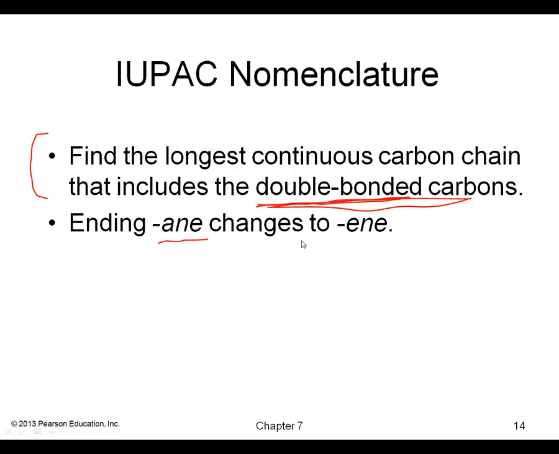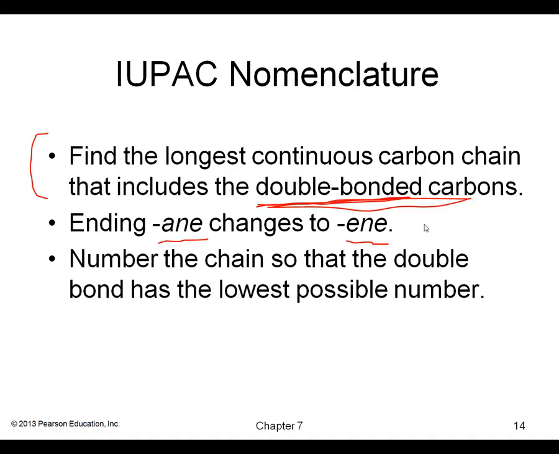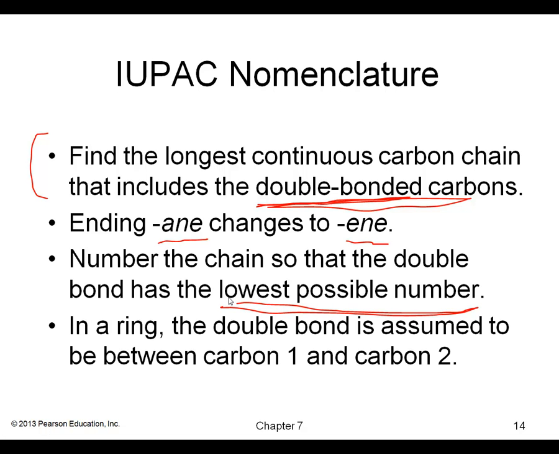Secondly, my ending changes from ANE to ENE. Thirdly, I want to number the parent chain so that the double bond has the lowest number possible. If I have a ring, the double bond is assumed to begin with carbon 1.